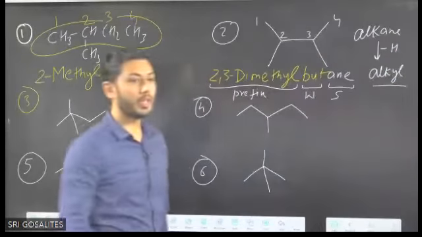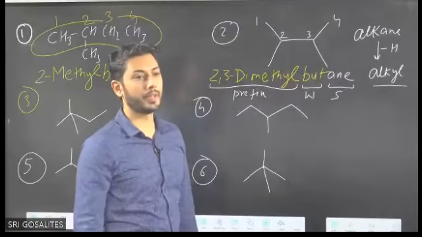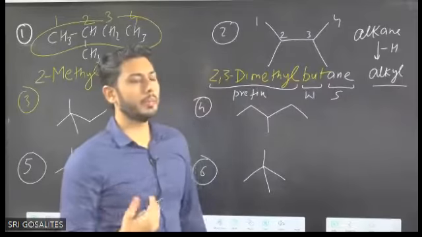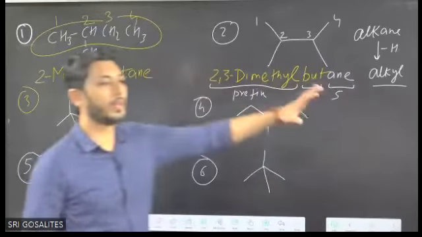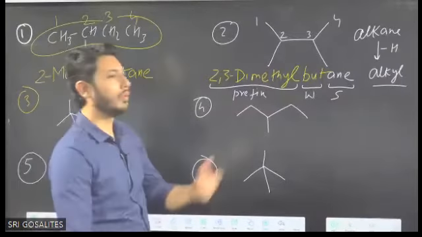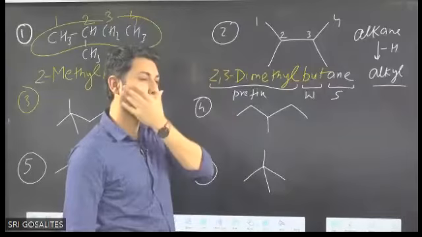CH4 minus 1 H, it is alkyl, meaning methyl. Also, other naming is there. Common naming is also there, iso, neo, that we will do later on because we are doing the basic portion now. Naming only we are doing right now.